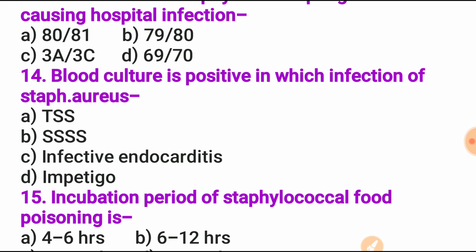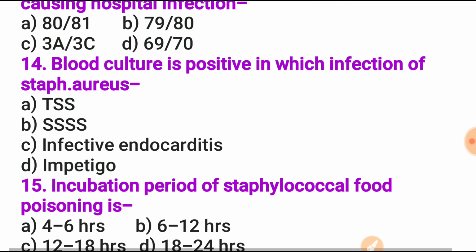TSS, toxic shock syndrome, is caused by a bacterial toxin of Staphylococcus aureus, and the toxin cannot cause bacteremia.